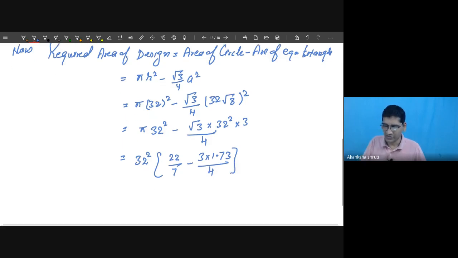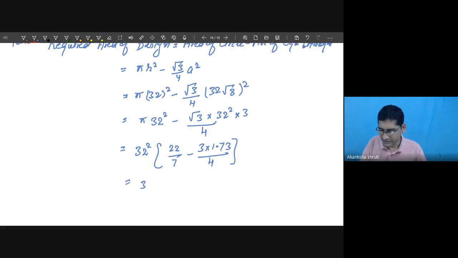It is better to take it in decimal terms itself. 32 square into 3.14 minus, multiply this, so 5.19, divided by 4 you may take.